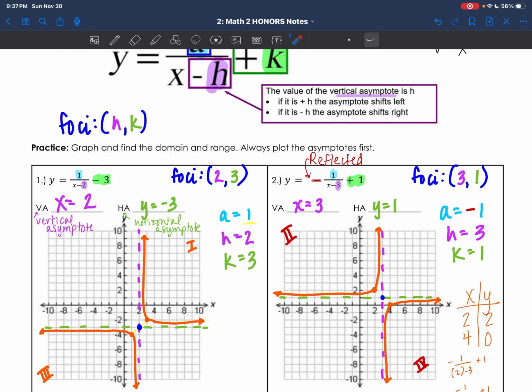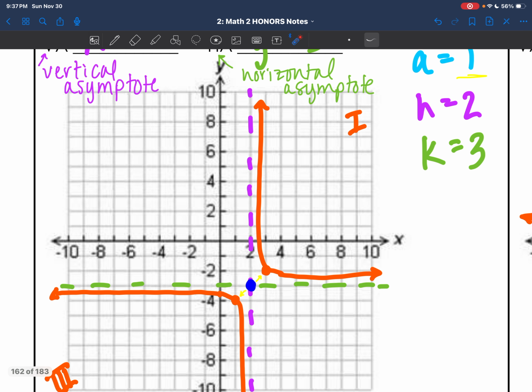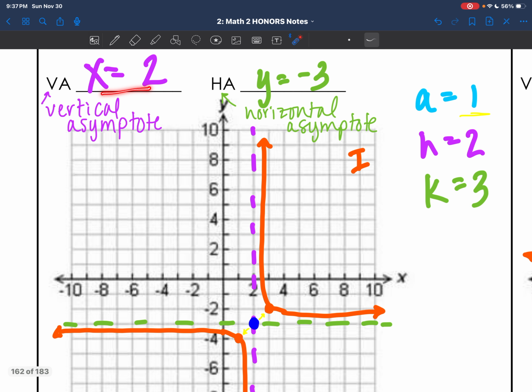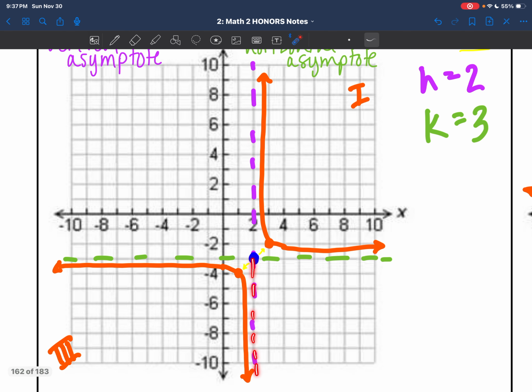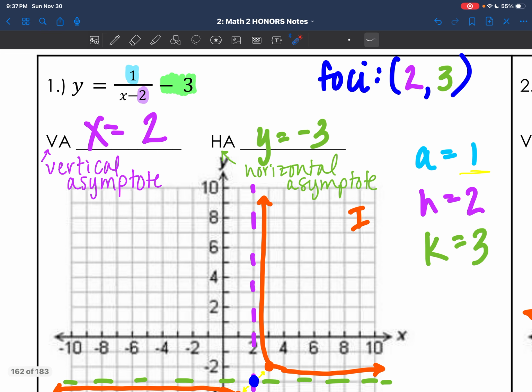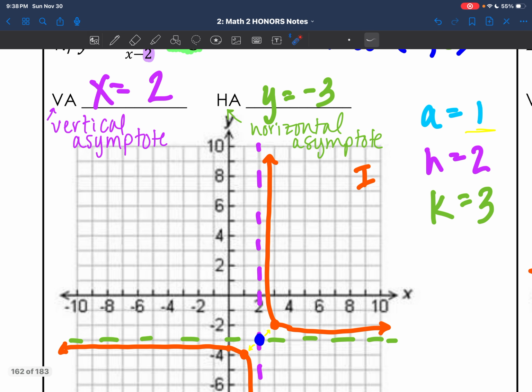So then when you come over here, you're going to graph, and I read it as it crosses the x-axis at 2. So we do a dashed line, since it's an imaginary line. And then your horizontal asymptote is your K value. You write the equation Y equals -3, because that's the equation of the asymptote, the line.